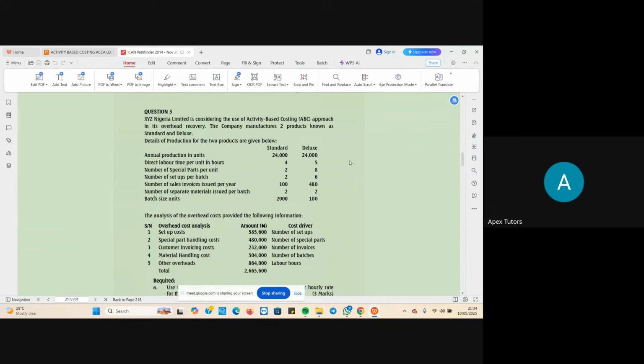It is given to us as 2,665,600. So to get your overhead absorption rate, you divide 2,665,600 by the total hours.